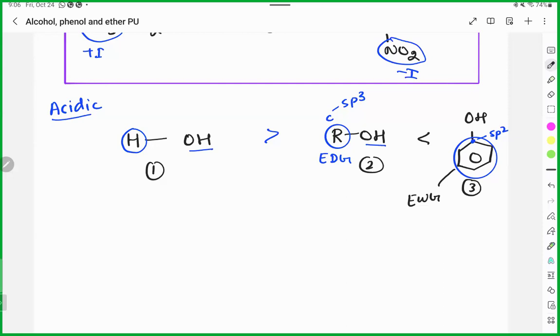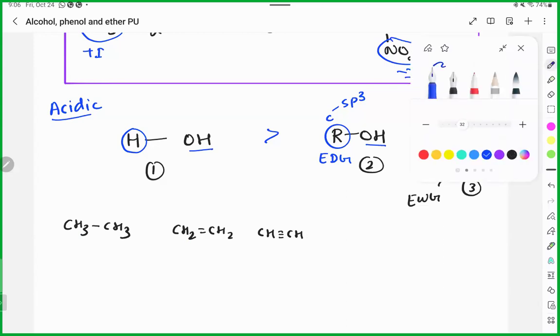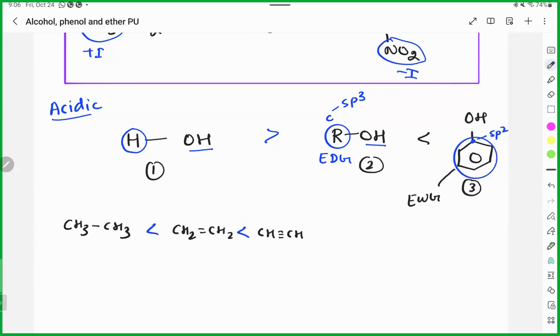If you have CH3 single bond CH3, CH2 double bond CH2, and CH triple bond CH, and anybody asks which one is more acidic, hybridization decides the electronegativity.